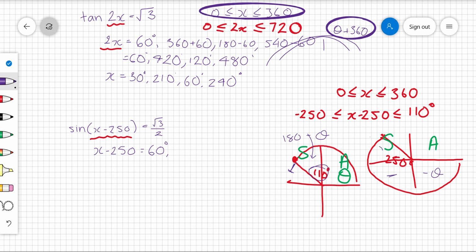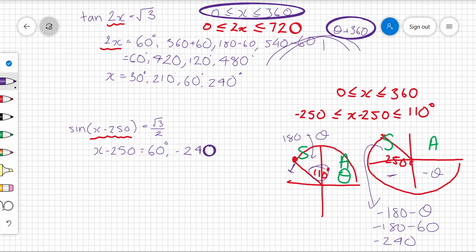Now this quadrant here, sorry about my working, is negative 180 minus theta. So if we do negative 180 minus 60, we get negative 240, which is inside this quadrant. So we are going to accept that one. So we're getting 2 answers from all of that.